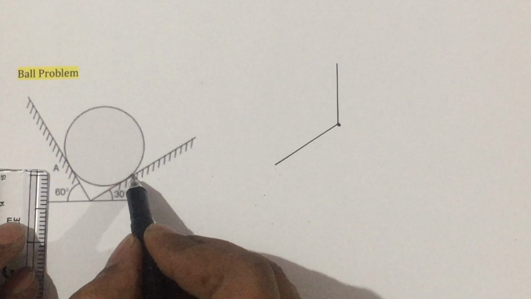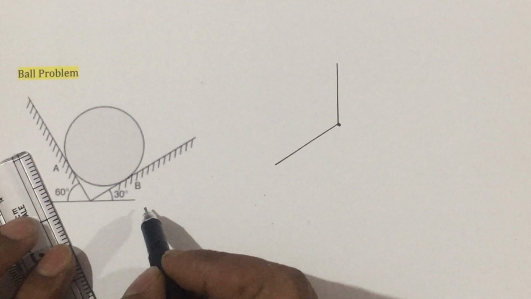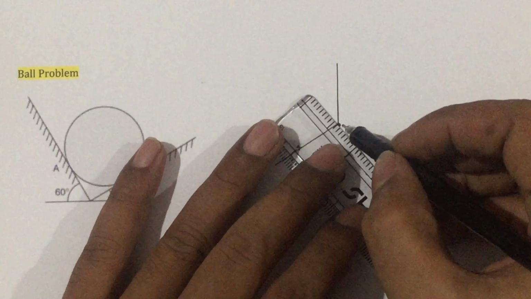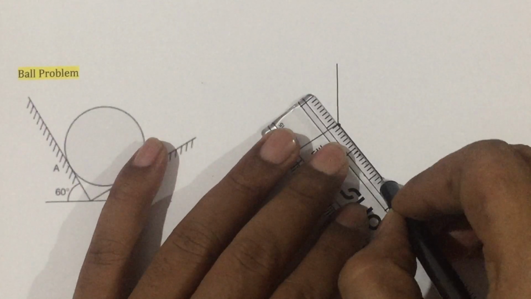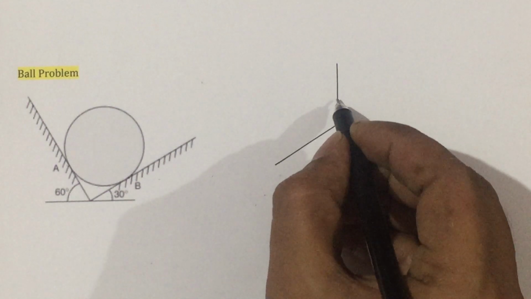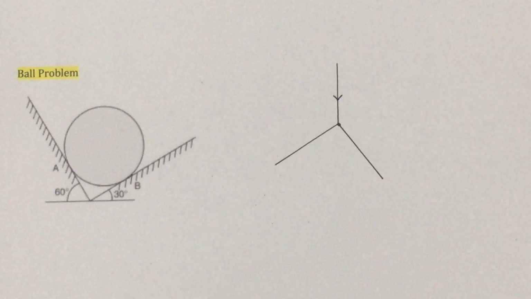Then at this particular point also we are going to get one reaction, and that reaction line will be perpendicular to this particular plane. So, write it. Point is over, line is over, then we need direction. This one is the weight, weight always acts vertically downwards.